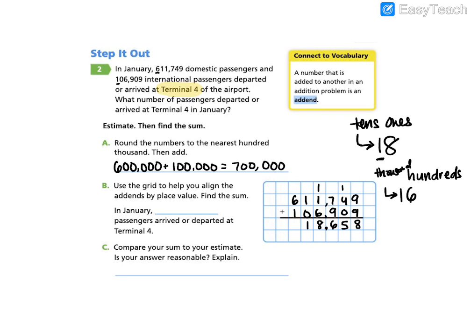And 600,000s plus 100,000 is 700,000s. So how many passengers arrived or departed at Terminal 4? 718,658 passengers. So again, it's asking us to compare our sums. 718,000 is close to 700,000. So is our answer reasonable? Yes.